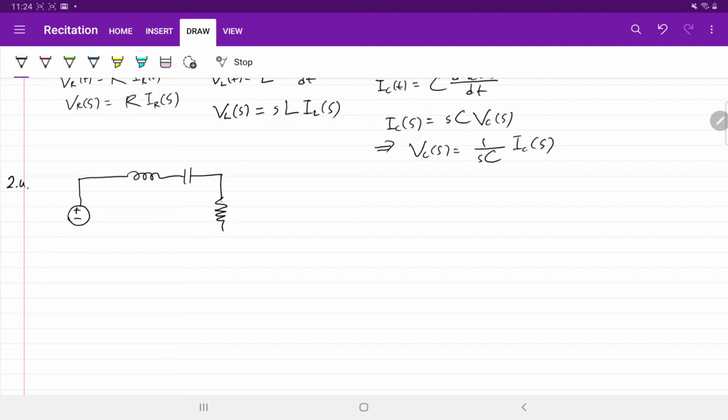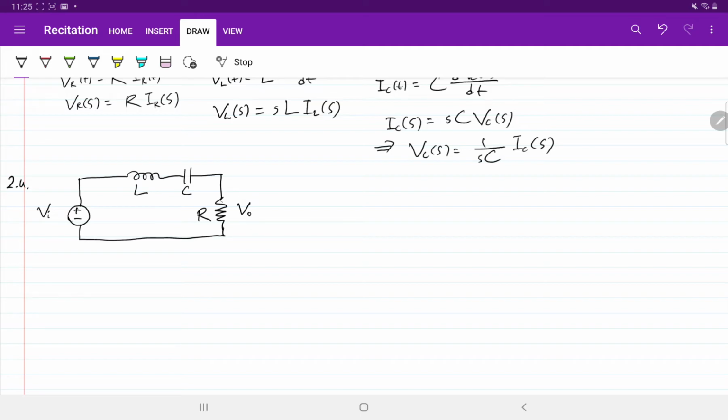They are connected in series to a power source, say Vi, the input voltage. Here we want to compute the time domain solution of the voltage on the resistor, V0, which is the output voltage. So you have R, this is C, this is L.